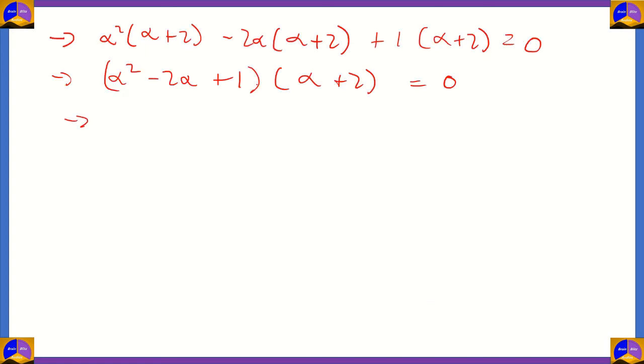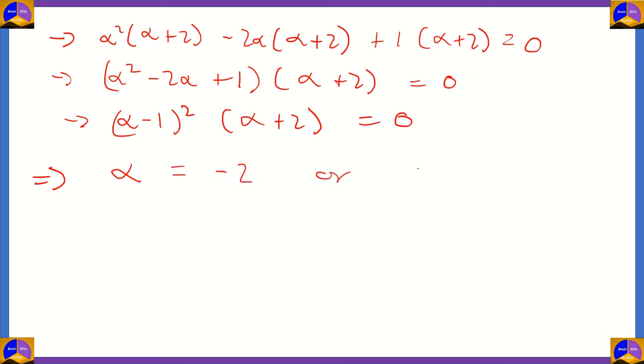Now alpha squared minus 2 alpha plus 1 can be written as alpha minus 1 the whole square, and then you have alpha plus 2 equal to 0. So from this simplification you will get the value of alpha as equal to minus 2 or equal to 1. So we might think that we've arrived at an answer, either minus 2 or 1.